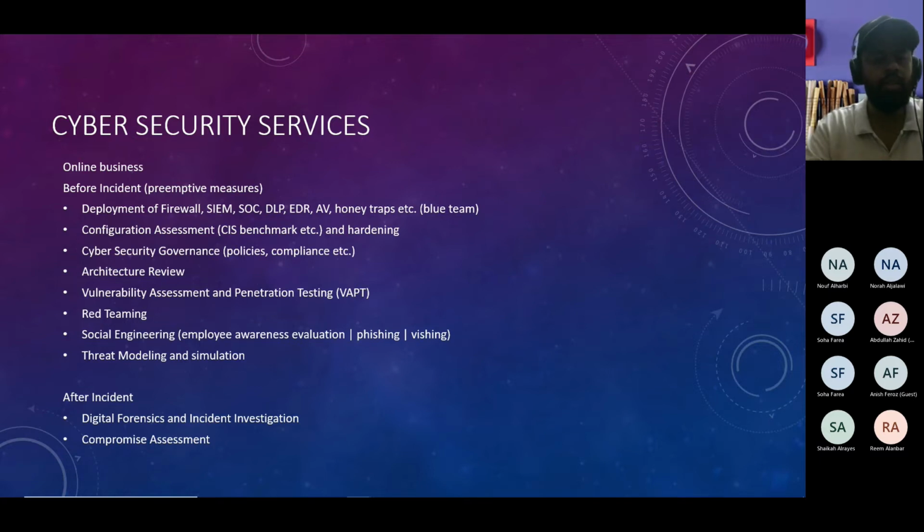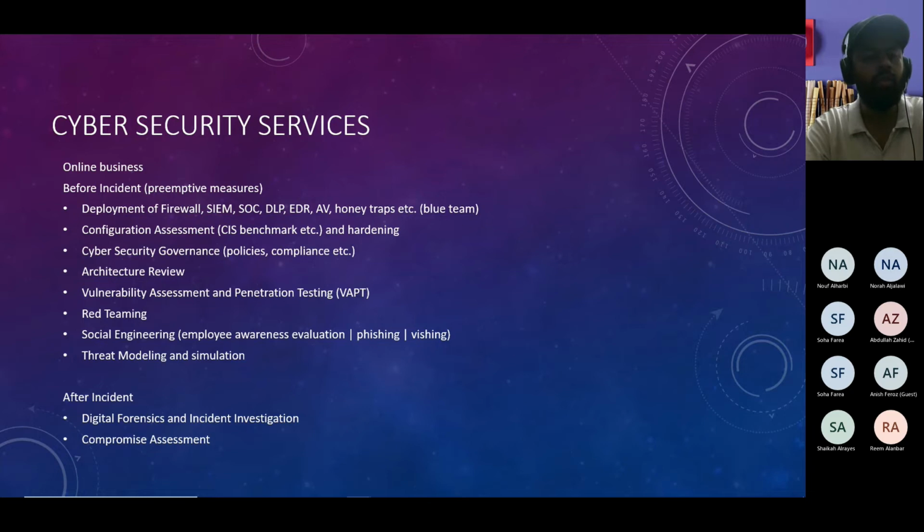They will analyze the threats and give you diagrams in which you can see the threats, and you can plan your cybersecurity according to the threat models: this is the weak area, this is the weakest area, so start with the weakest area. You can give priority to cybersecurity services so that the weakest parts get more priority compared to the parts that are a little better.